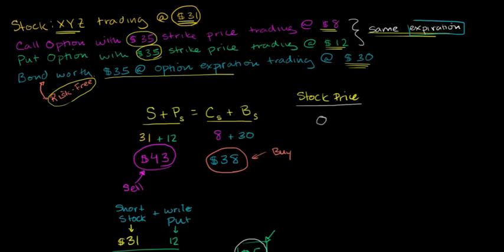So let's take the situation where the stock just goes to 0. In that situation, the call that we own is worthless. No reason why you would want to exercise the option to buy it for $35 when the stock is worth 0. But the good thing is that when we now have to cover our short, remember, when you short something, you're borrowing the stock and selling it. And in the future, you have to buy the stock to cover your short, to buy the stock and return it to whomever you borrowed it from.